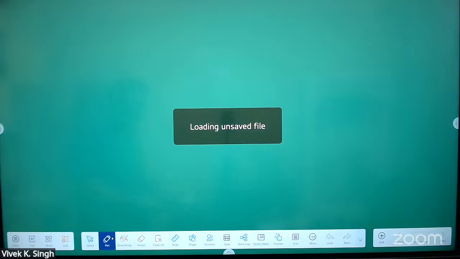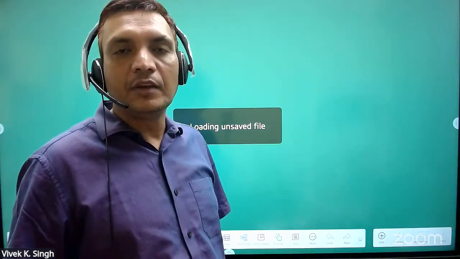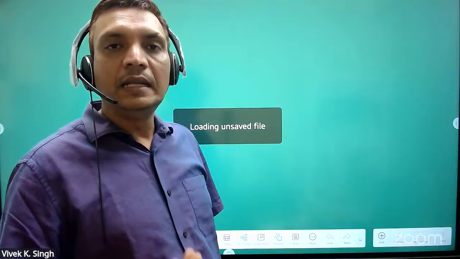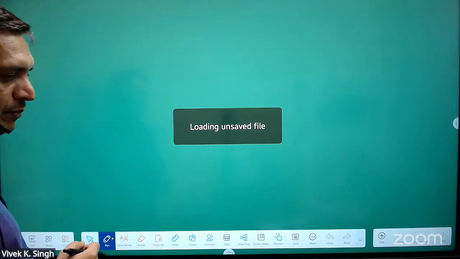Now we have to see how we will identify which parameter is extensive parameter and which parameter is intensive parameter. Just give me 1 minute.